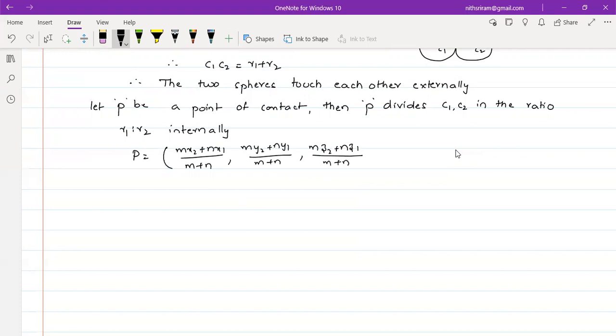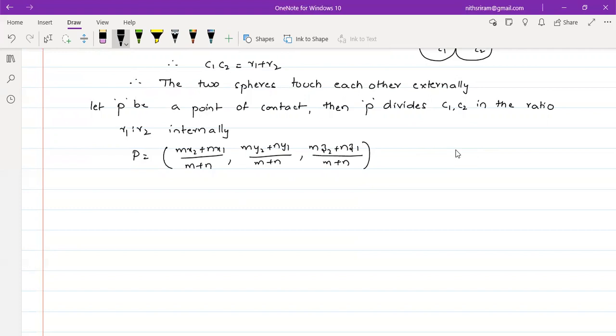This is the formula whenever we want to find the point of contact which divides C1C2 in the ratio R1 to R2 internally. Suppose if you want to find the point externally, we have to put minus in place of plus in this formula. Here m is to n. Here we treat the ratio R1 is to R2 as m and n, the points in center 1 as x1, y1, z1, and the points in center 2 as x2, y2, z2.